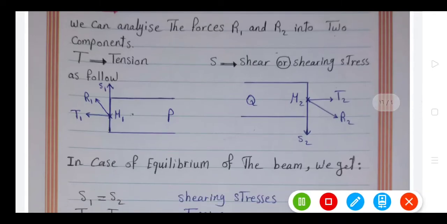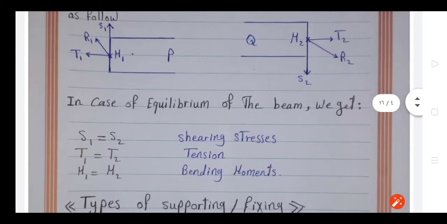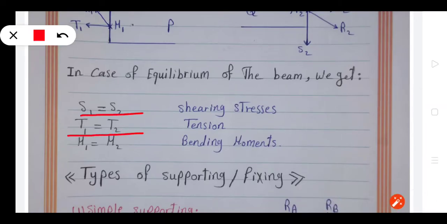For R1, we have two components, S1 and T1, and for R2, we have two normal components, T2 and S2. In the case of studying the beam in equilibrium, S1 will equal S2, T1 equals T2 and M1 equals M2: shearing stress, tension and bending moments.